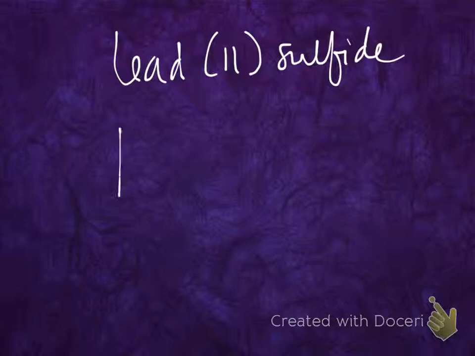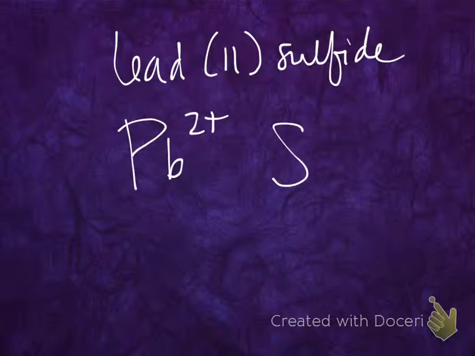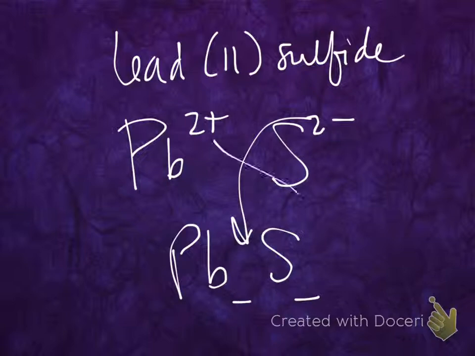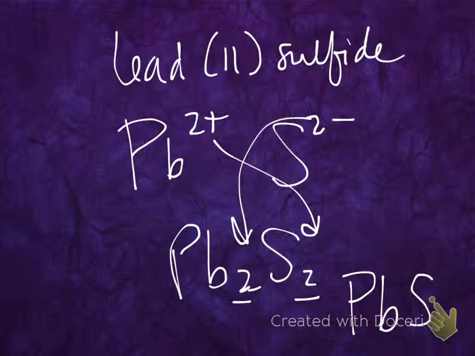Okay, write our ions. Pb 2 plus, S 2 minus, 2 and 2, which means they simplify and we get PbS. Huh, public broadcasting system. Okay.